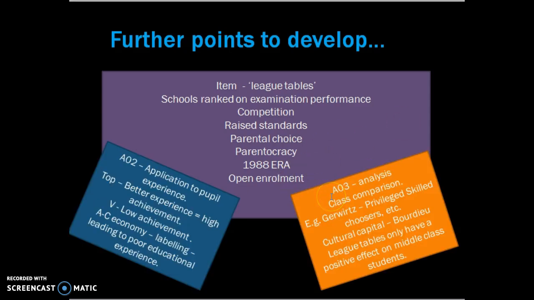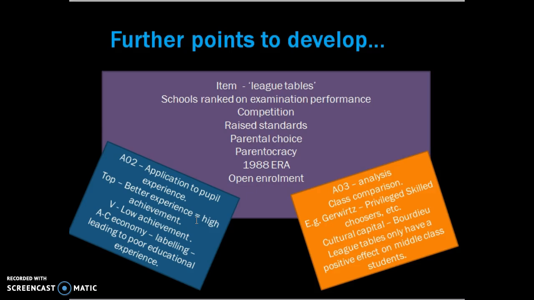So because of having increased league tables, your application to the pupil experience is that if you're in a good school that is at the top of the league table, you might have a better experience in the fact that these schools will have more experienced teachers, they'll have more resources, and that would lead to high levels of achievement.